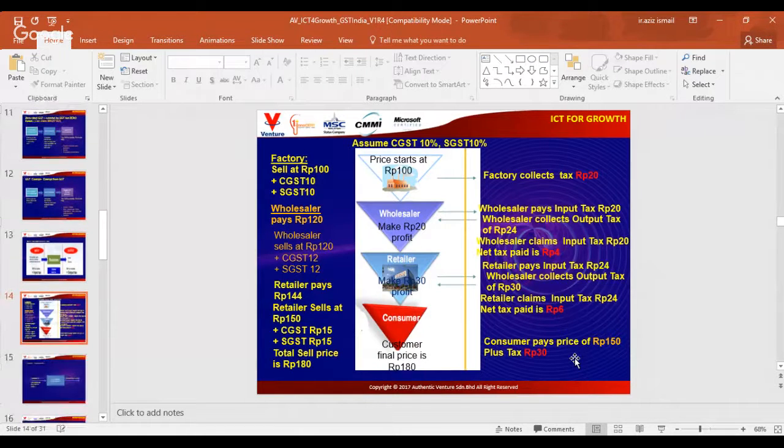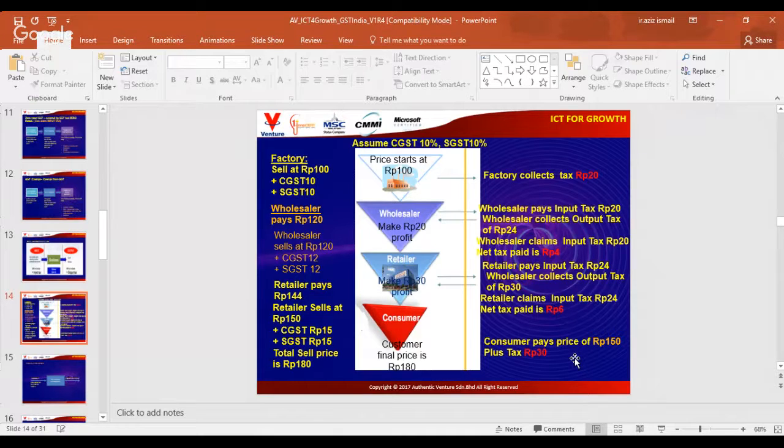And I've given you the flow of the GST, the concept of when you sell your product, you charge the GST, but you can claim the input tax when you purchase your product. So the total tax that you pay to the government is the GST that you collect on your output tax, minus the GST that you pay when you purchase the product.